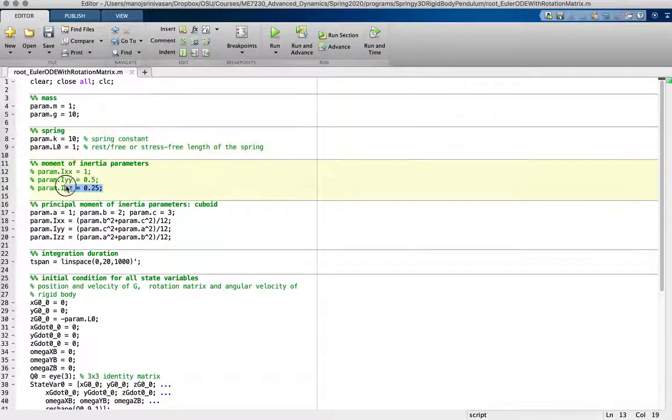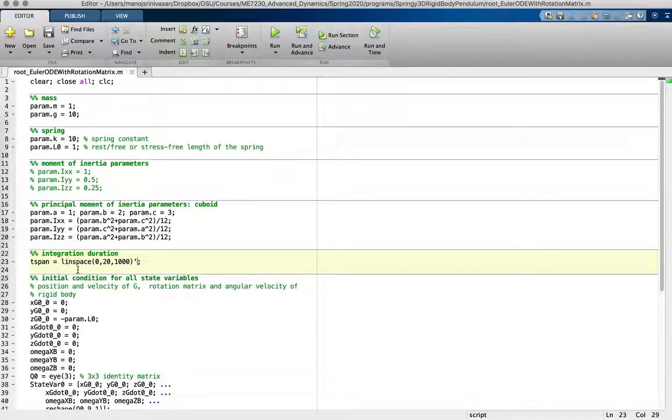Okay, we can define the moment of inertia parameters to be whatever we want, or we can define them to be specifically based on a cuboid. Doesn't matter, but in any case, these are the principal moments of inertia.